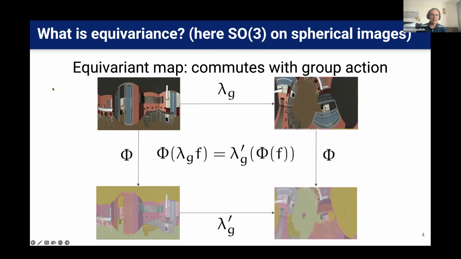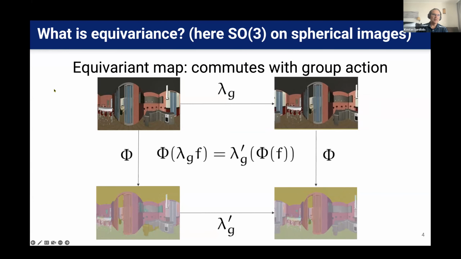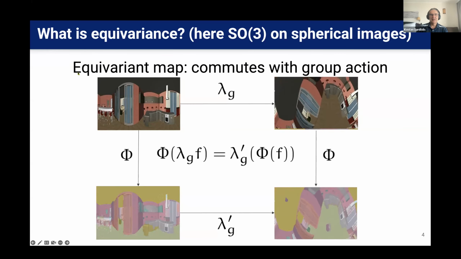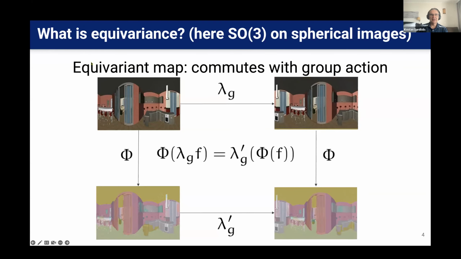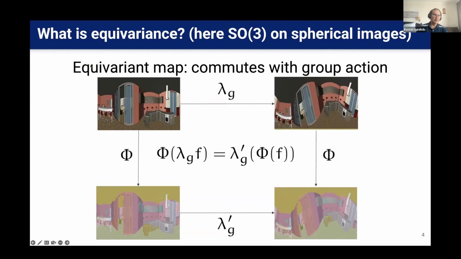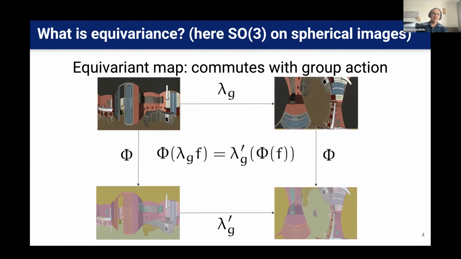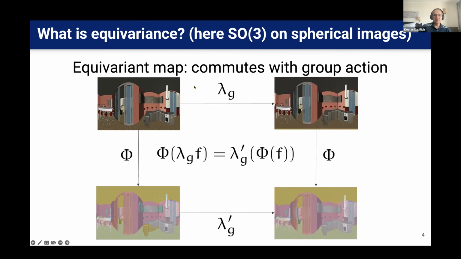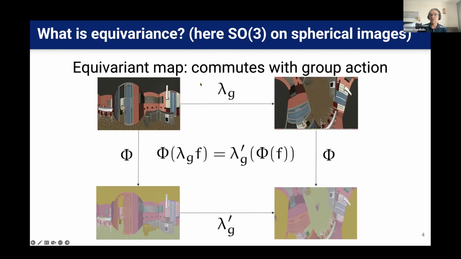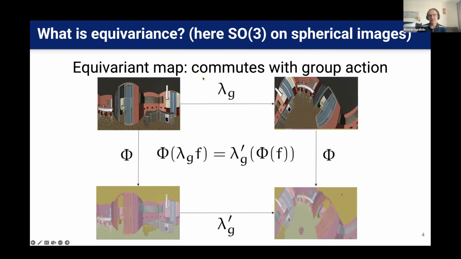But what we are interested in this talk is equivariance by design, which means that we train only on the unit elements of the group, like non-rotated images, and we want any task, whether it is segmentation or classification or reconstruction, to perform equally well on transformed images of the input without presenting our network during training with these transformed inputs.